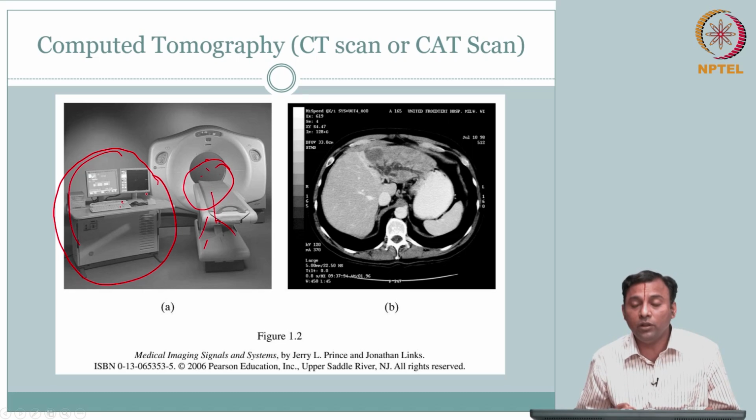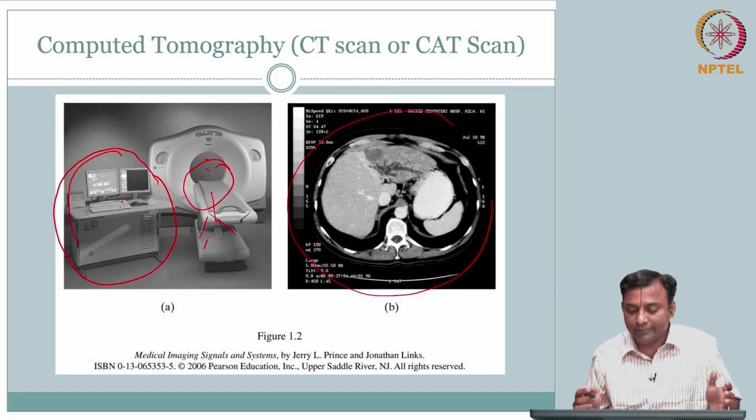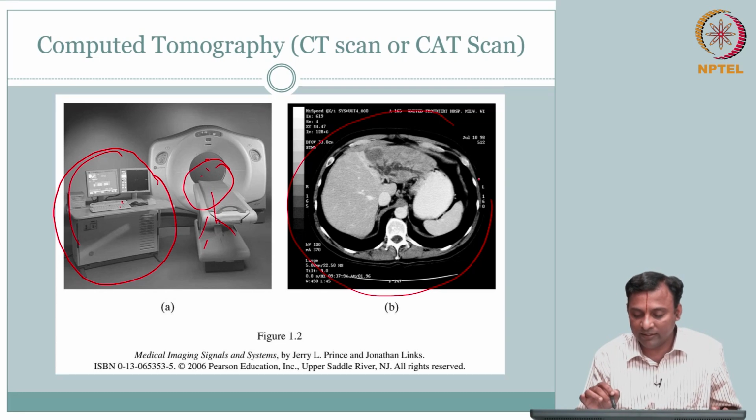How does the image look? Here is an example, right? It might look like, yeah, there is some image, what do I make out of it? I am not a clinical practicing radiologist, so I am not well equipped or trained to say the detail of what each organ is and whether they are normal or abnormal. But what I can tell you is, mathematically, this is your spinal cord.